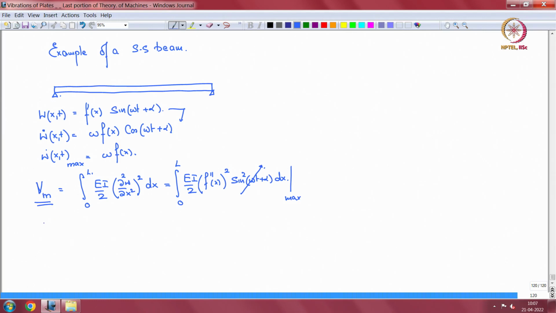And then the T max, the maximum kinetic energy, is 1/2 integral 0 to L of m omega square f square dx, which is equal to m omega square by 2 integral 0 to L of f square x dx.